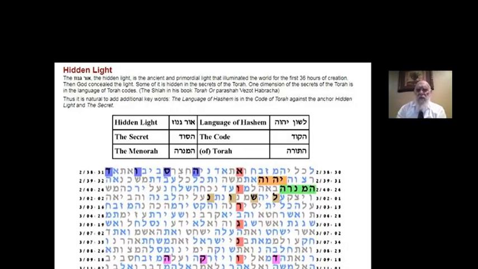And here we see more. You have definitely the most important word for the hidden light, which is Or Haganuz, then secret, as we saw that in the secrets of the Torah this light is hidden. And here we have the menorah, because of the candlestick in the tabernacle, in the desert, the Mishkan, which is really called the tabernacle.